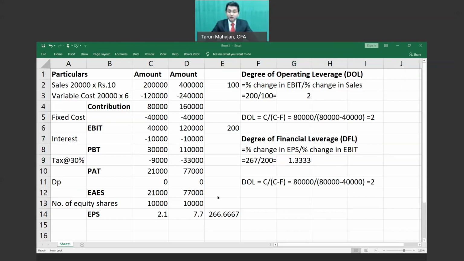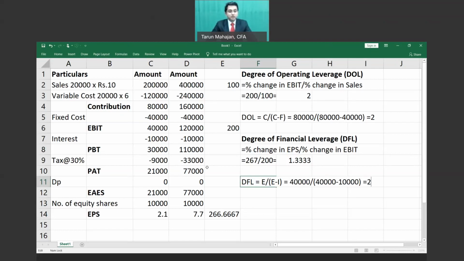Now there is a shortcut formula to calculate degree of financial leverage. And that formula is degree of financial leverage is equal to EBIT divided by EBIT minus interest. In this case, EBIT is 40,000 and interest is 10,000.